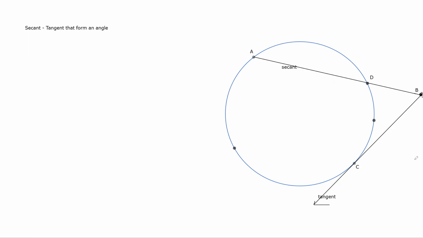and we have a formula. If you notice, these two, the secant and the tangent, form two arcs. They have AC, there's one arc they form. The other one is CD.